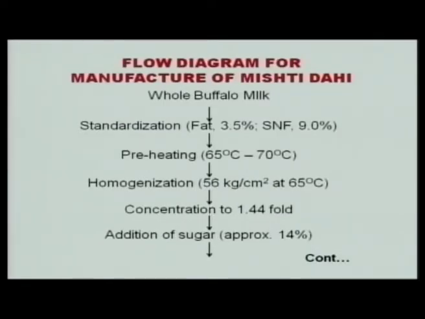Now, we will come to the flow diagram. Normally, we take buffalo milk and standardize it to 3.5% fat and 9% SNF. We preheat to 65 to 70 degrees centigrade, basically for homogenization purpose. Then we concentrate it to 1.5 times and add approximately 14% sugar.